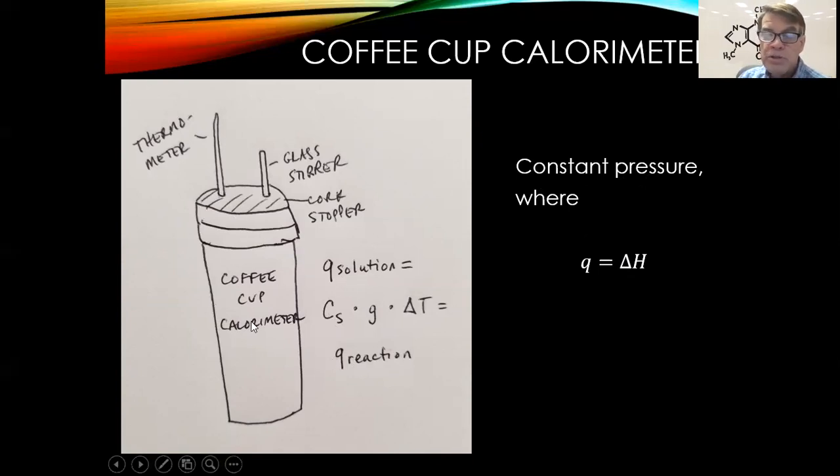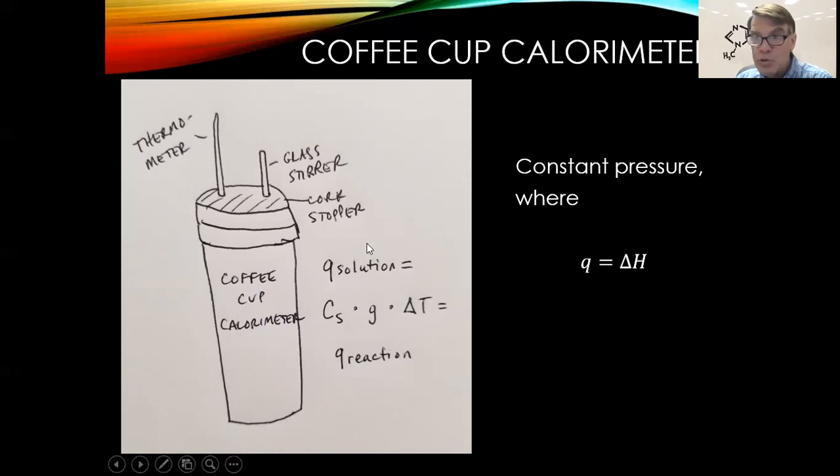All right, so since it's all staying together in here, we know that the heat of the reaction, the Q of the reaction happening inside here, is going to be of the same magnitude as the heat of the solution. It's just going to be opposite, right? So if the reaction is endothermic and it absorbs heat, then this is going to be positive, absorbing heat, and this is going to be negative.